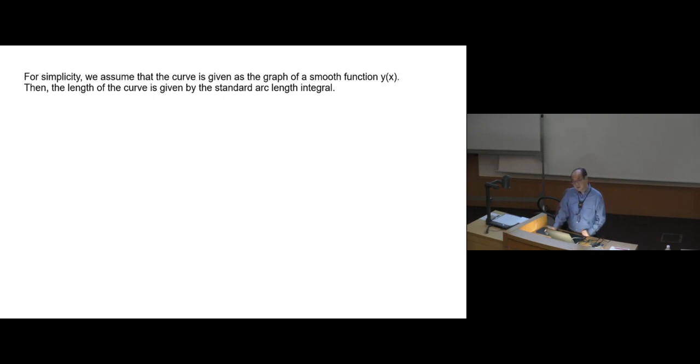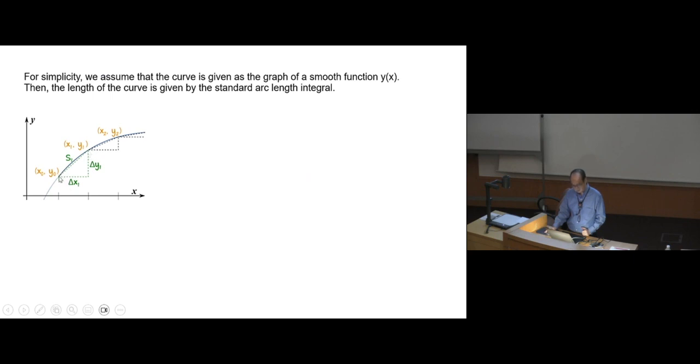For simplicity, we just assume the curve is given as the graph of a smooth function. Then the length of the curve will be given by the standard arc length integral. If we have a function, a graph, to compute the length, we just sum up all the lengths of the arcs.